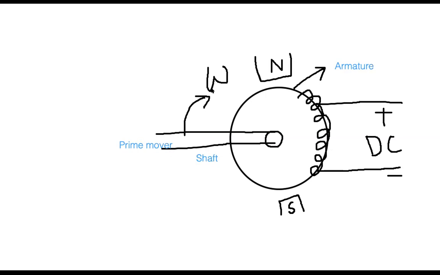So once the shaft starts moving, and because the coils are mounted there, you look at these coils, because this thing is moving. Once it is going under the jurisdiction of North Pole, another time it is going under the area of South Pole.